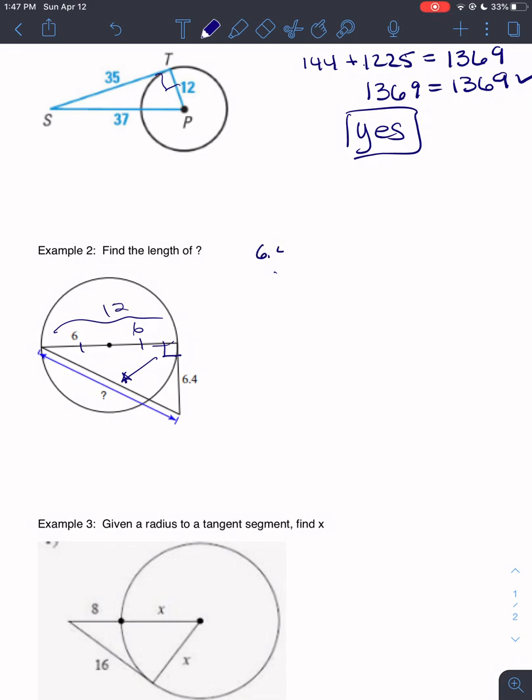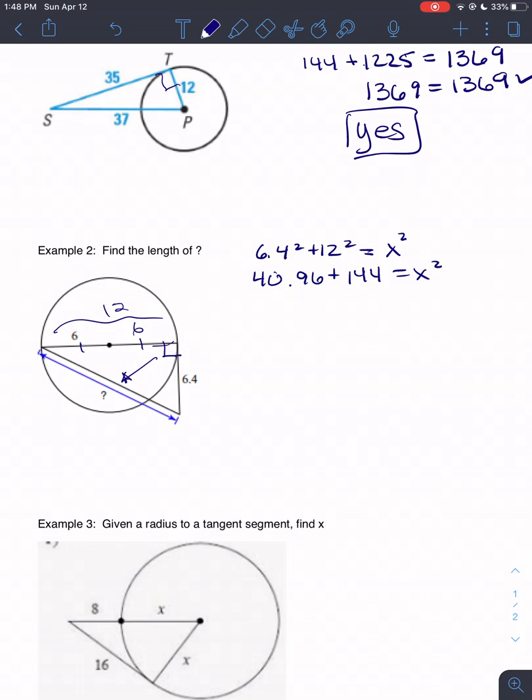We're going to say 6.4 squared plus 12 squared gives us, we'll just call that x squared. So 6.4 squared gives us 40.96. 12 squared, 144 equals x squared.